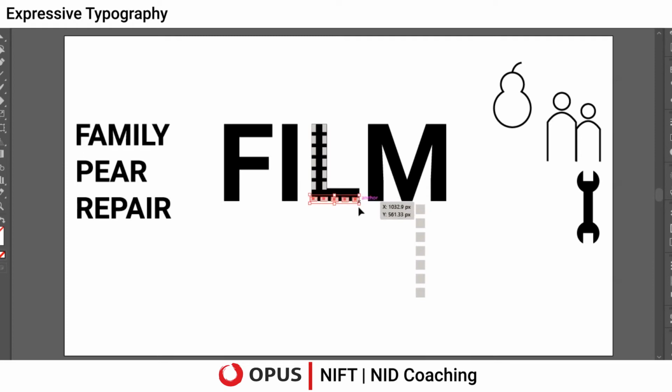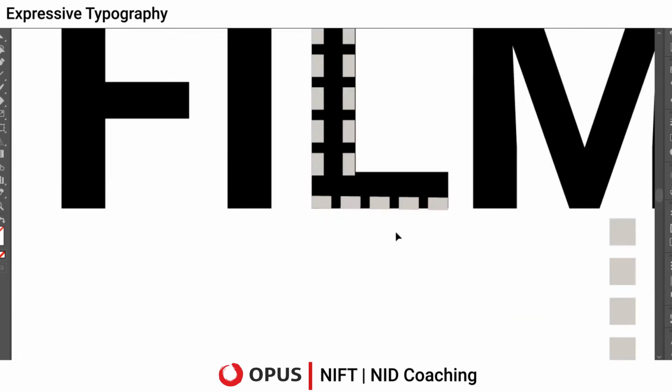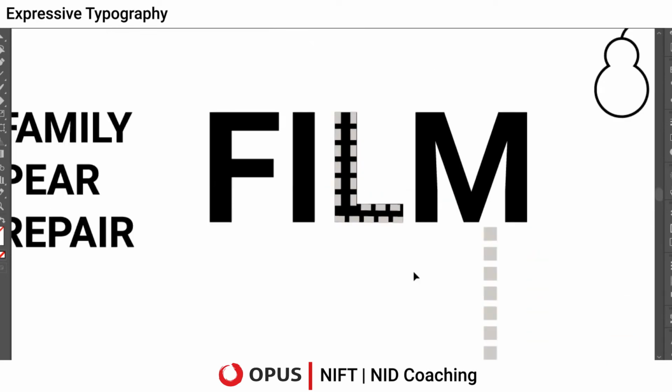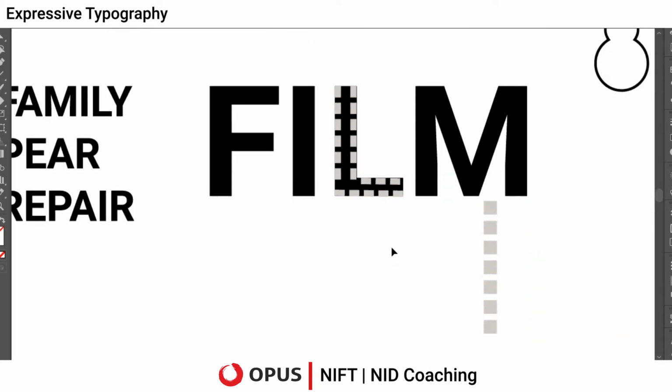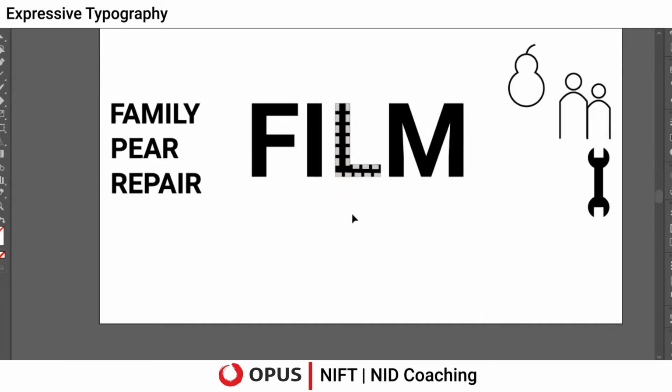So actually we are trying to integrate something graphical with the letter itself so that it brings out the meaning of the word itself. That can help us create a meaningful layout or meaningful impact in the word itself.